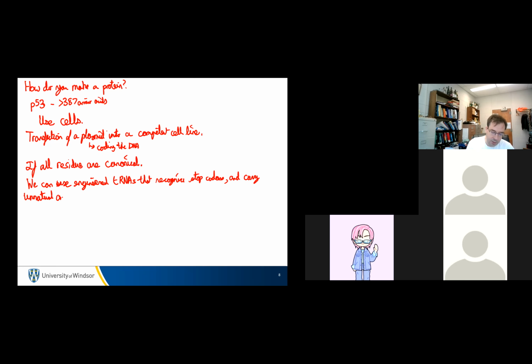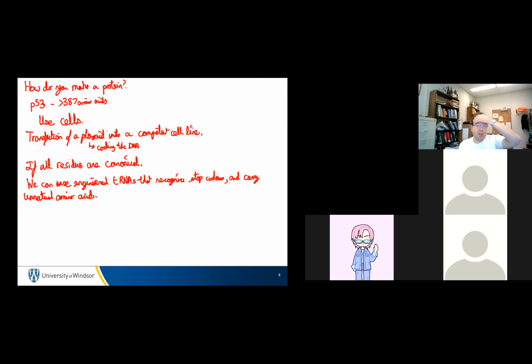amino acids. So stop codons in a gene are a set of 3 nucleic acids that do not code for any amino acid, and the reason they do not code for any amino acid is because there is no transfer RNA molecule that can recognize them. So what's been done in the last 25 years is people have actually engineered new transfer RNA molecules that recognize the stop codons.